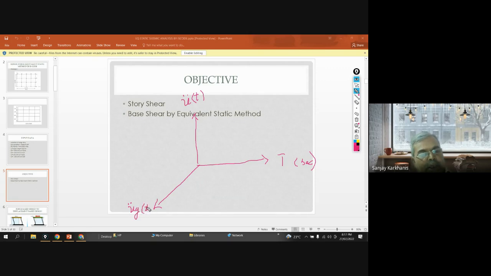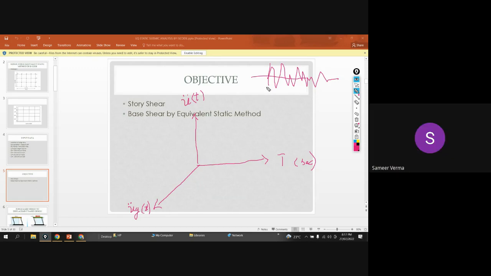Now this I can get through a seismological survey. So every earthquake will give you something like this. Clear?